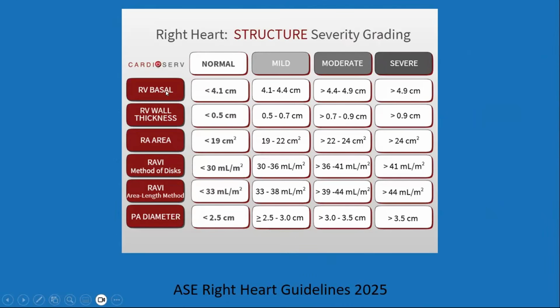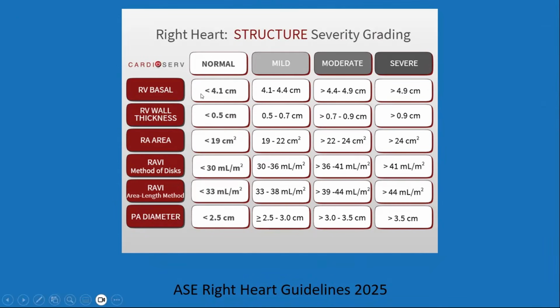Let me just tell you in brief that these guidelines said that instead of one single diameter, it is better we grade the dimension, and this will help us in risk stratification of our patients, and also to estimate and follow up the disease severity or the impact of the therapy. So they emphasized grading this time more than anything else.